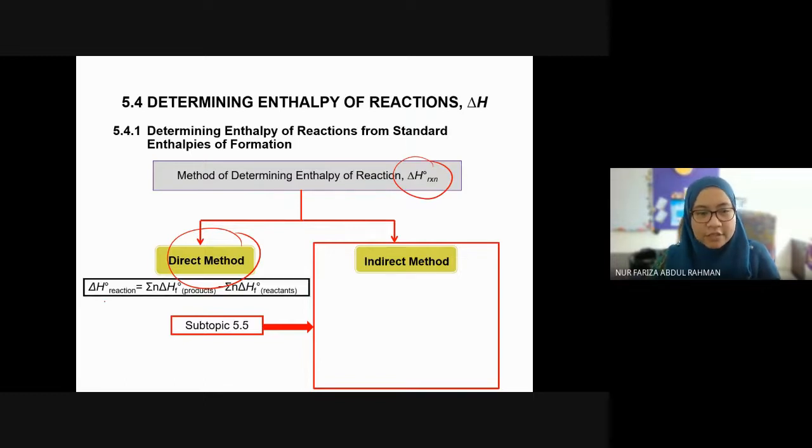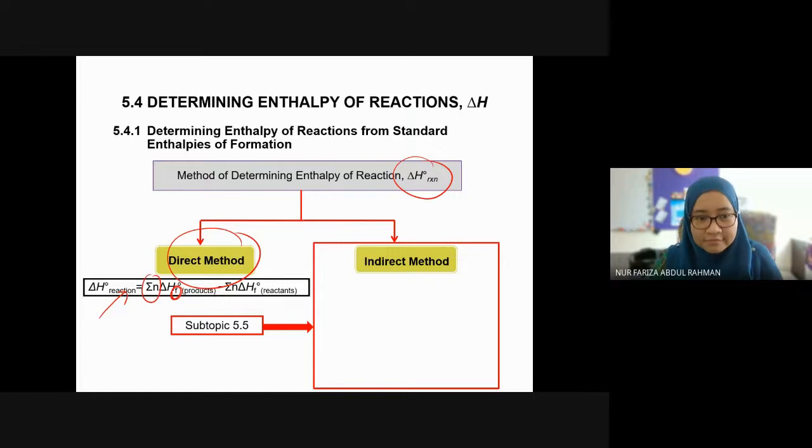Okay, for the direct method, we are going to be using this one. Delta H naught of reaction is equal to the sum of the delta H of formation. This is very important, guys. This is only applicable for formation. I mean, if the delta H is given in terms of delta H formation.